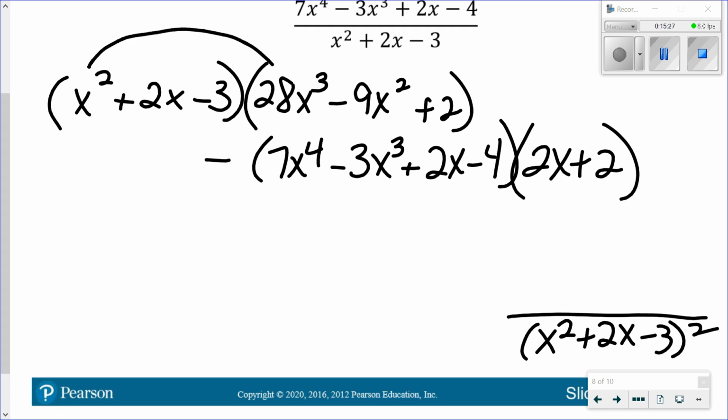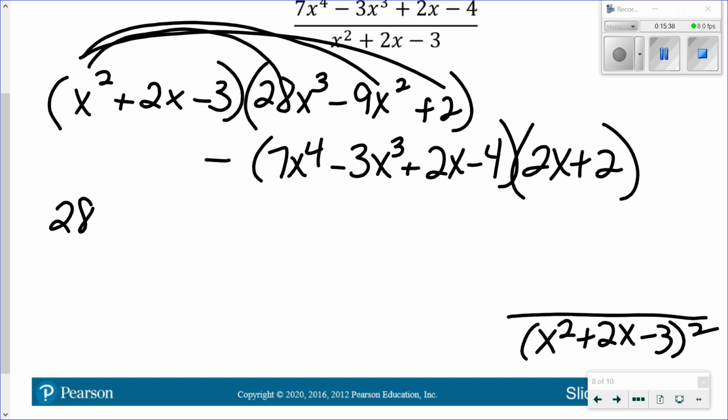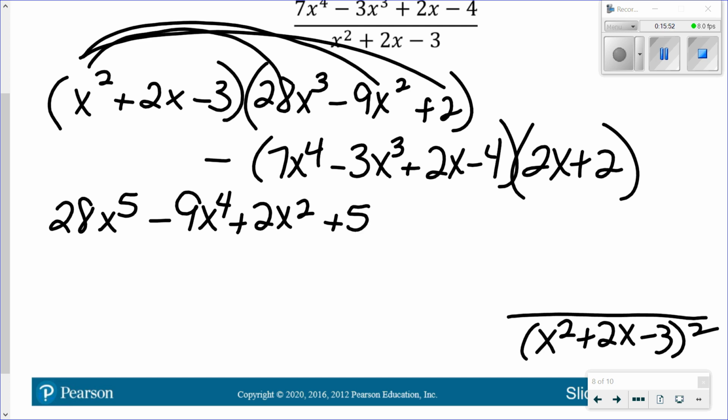All right, multiply. Remember, multiply each term by all the terms in the next one. So my x squared, multiplied by each of those in the second one are 28x to the fifth minus 9x to the fourth plus 2x squared. And then I have plus 56x to the fourth minus 18x cubed.